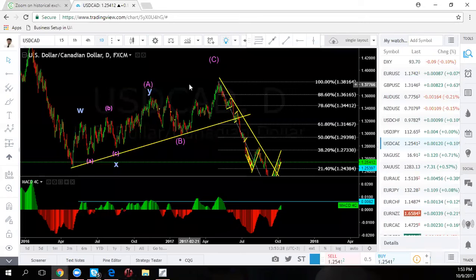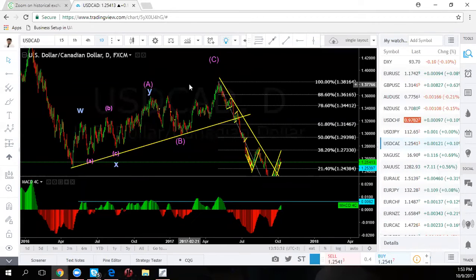You don't know which one at that point. So rule number 3, how would you differentiate an ABC, a WXY from a 123? You will look at the internal counts of each impulse. Remember that. That's rule number 3. If you don't have divergence, look at the internal counts of each impulse.